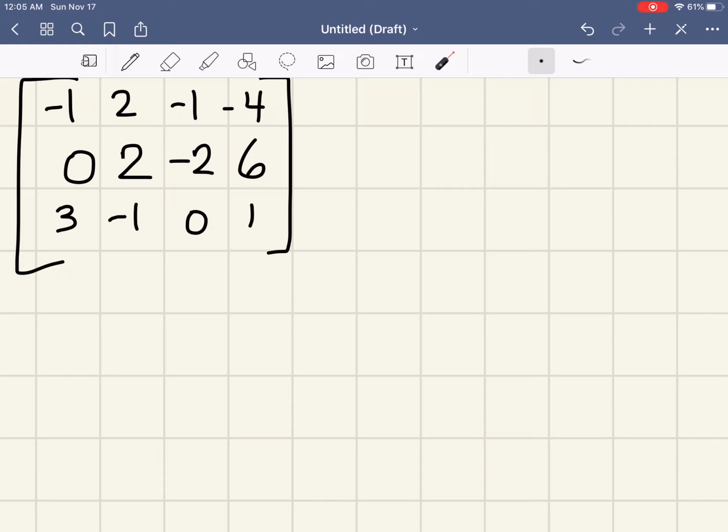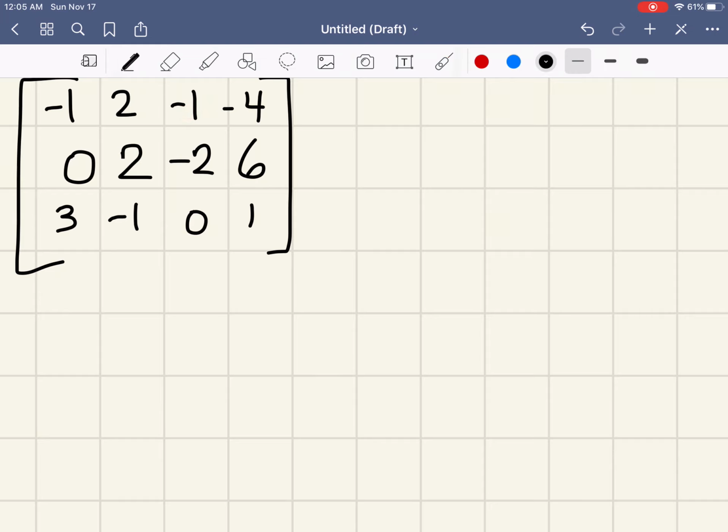The leading ones have to be in the very first non-zero entry. Here's a negative 1, that's non-zero, and I want to make it a positive 1. So I divide everything by negative 1, or multiply by negative 1, either way, and that's going to transform this entire row.